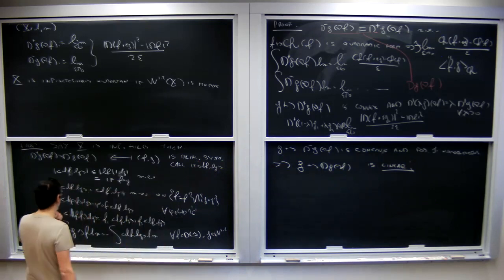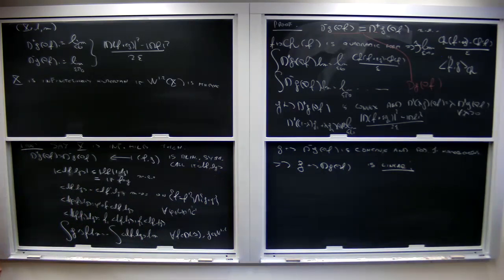Right. Now, this is obvious, because if you look at the definition, this is obvious from the analogous property of minimal weak upper gradients. You remember that if f and f prime agree on a certain set, then the minimal weak upper gradients also agree on the same set.